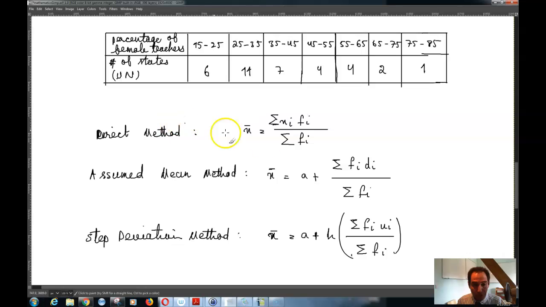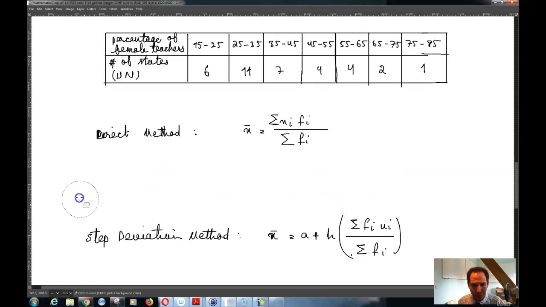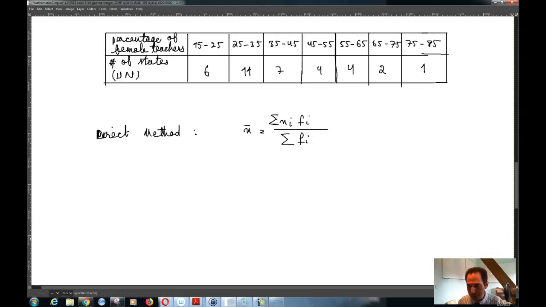Okay, so now the direct method is sigma x of i f of i over sigma f of i. For this method, we need to have some x of i, which we don't have in this table, and then we need to calculate x of i times f of i, and then sigma x of i f of i, and also sigma f of i, right?